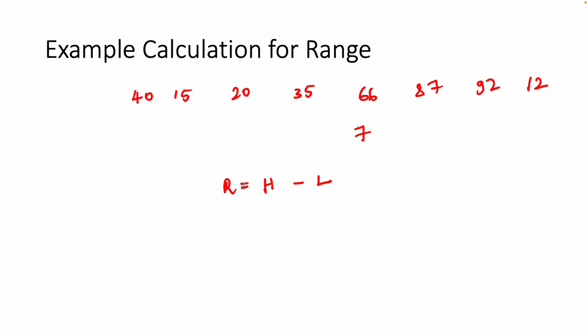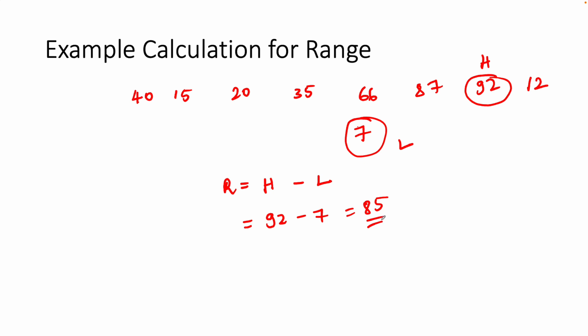In this given data set, what is the highest value? As you can clearly see, the highest value is 92. And the lowest value? Yes, the lowest value is 7. So the difference between 92 and 7 is equal to 85. So the range for this given data set is 85. This is how we calculate a range for a given data set.